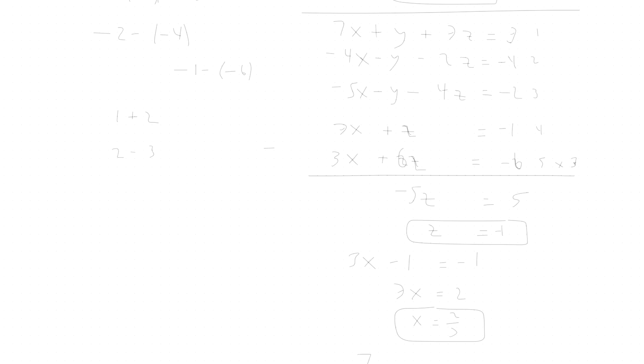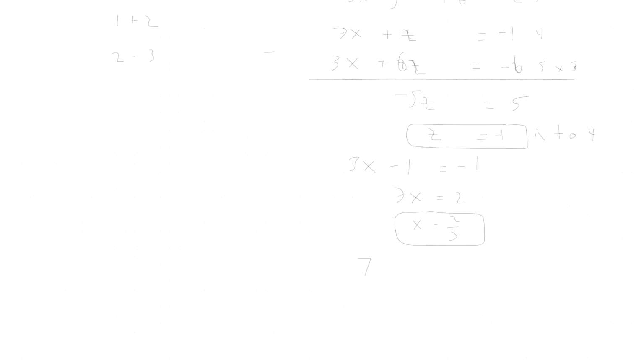Okay, so we did 2 minus 3. 3x minus 3x will cancel. 1 minus 6 is negative 5. And then negative 1 minus negative 6 is 5. Okay, z equals negative 1. That's right. Then we sub z equals negative 1 into, which one did we do? 4. Sub that into 4. 3x minus 1 equals negative 1.